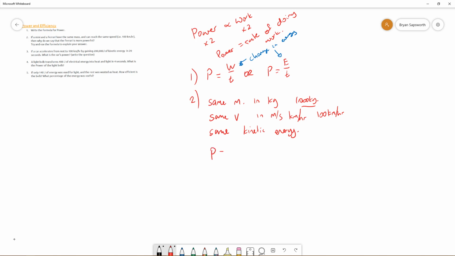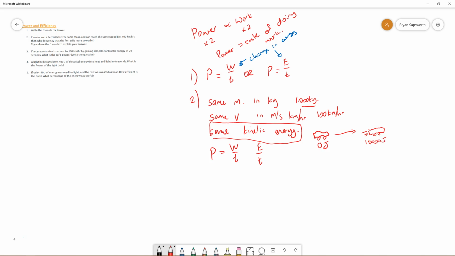Well, if we look at this formula, power equals work over time, or energy over time. If they have the same kinetic energy and have gone from stationary to a certain speed, then they increase their kinetic energy from 0 to something, let's say 10,000.